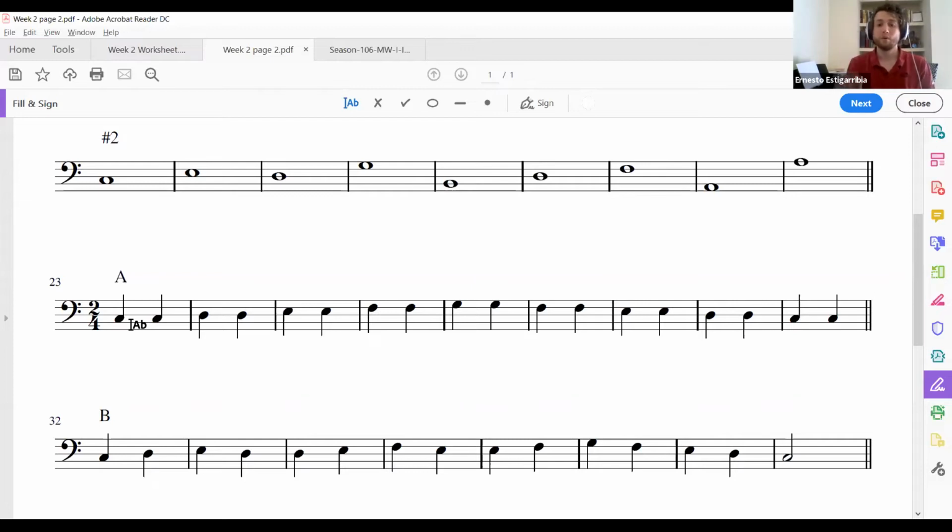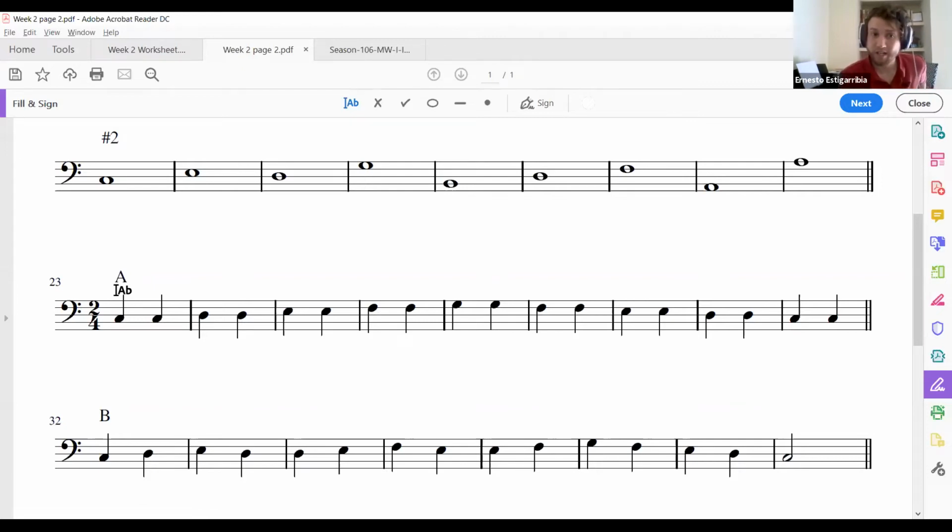Here we go. We're in measure 23 or letter A. Do we all have it? Yes? Nodding? Very good. So here we go. 1, 2, 1, 2. Do, do, re, mi, fa, sol, fa, mi, re, do.